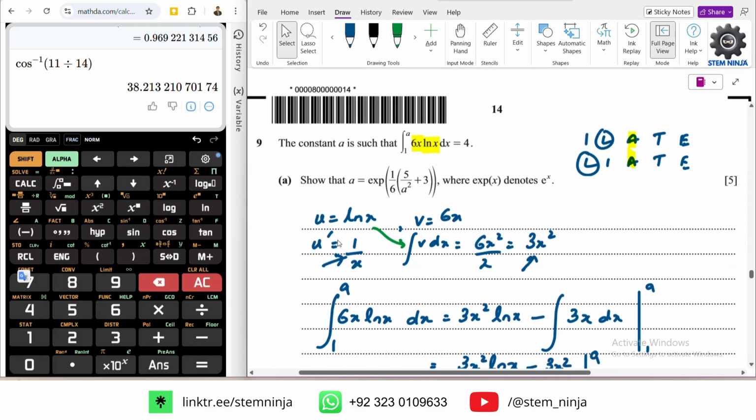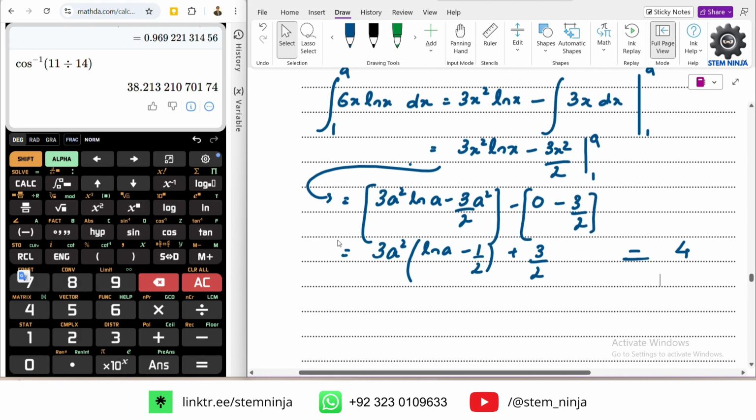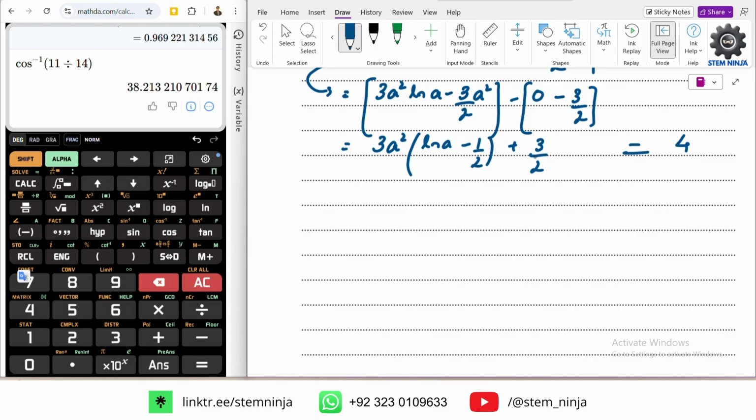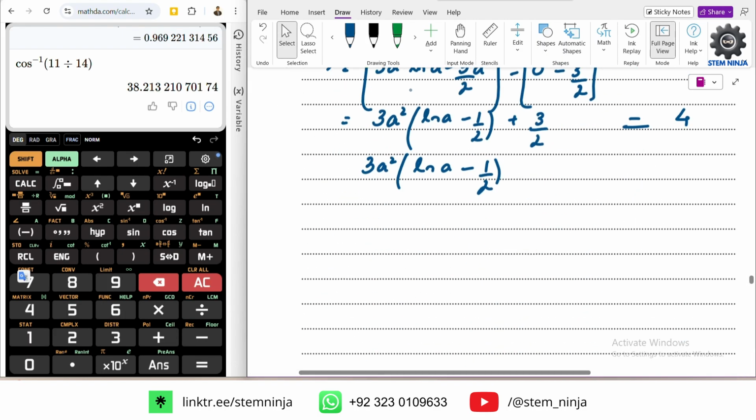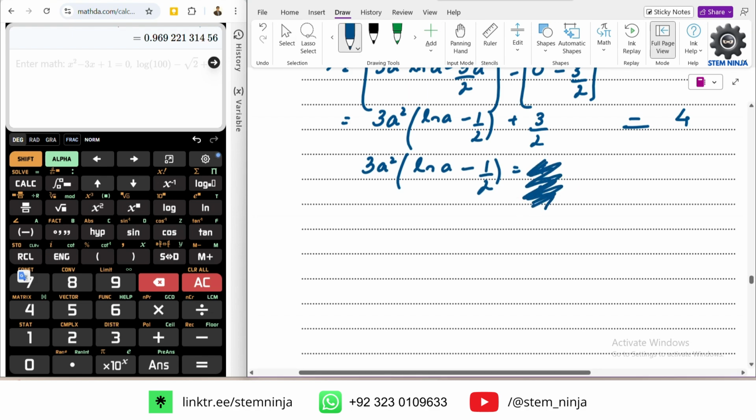In what form do we need it? Okay, this is, I think, the numerical solution problem. So we take 3 over 2 to the other side: 4 minus 3 over 2, which is 5 over 2. 2.5, right?